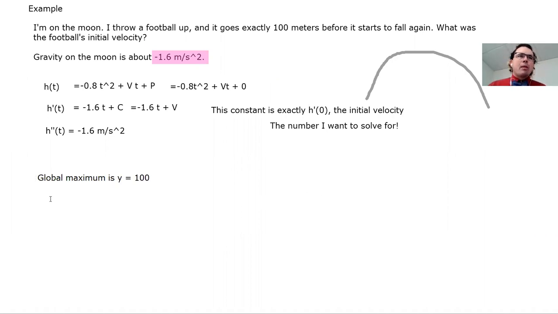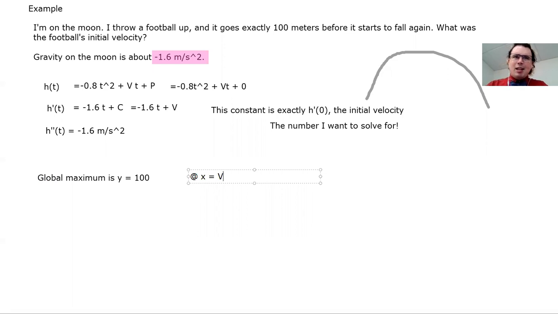Okay? Where does that maximum happen? This happens exactly at my critical value. So this happens at what t coordinate makes the derivative equal to 0?